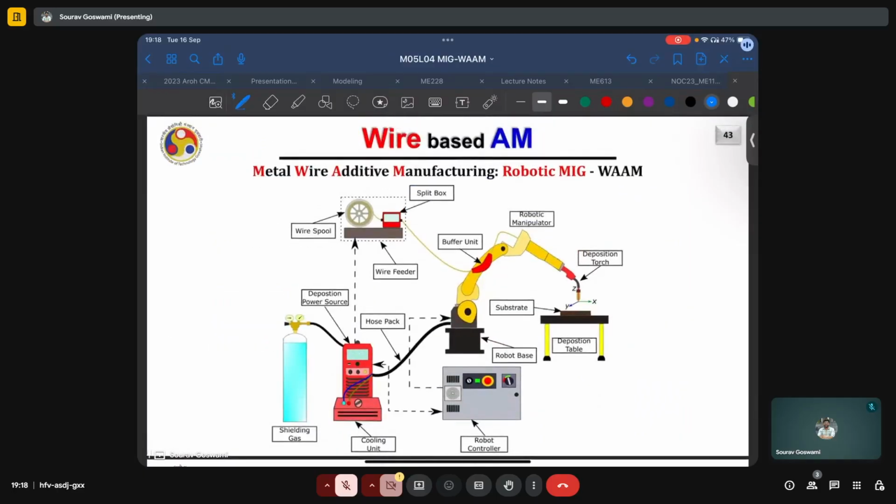We can also have robotic MIG WAAM, where instead of a CNC machine retrofitted with a welding gun, we can fix the welding torch to a robot, and a robot with sufficiently high degrees of freedom can be used to deposit the structure. The rest of the components are much the same.